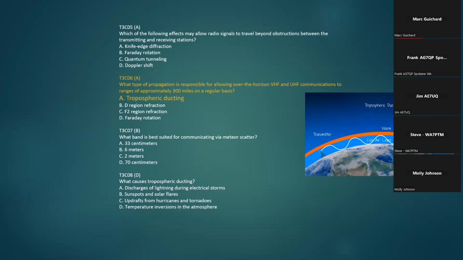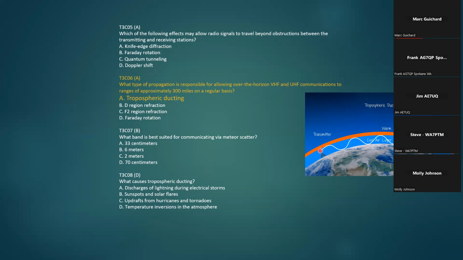It's a condition called tropospheric ducting. Occasionally, you'll have a layer of cool air close to the Earth and a layer of warm air at an altitude of 20 to 30 miles above the surface of the Earth.